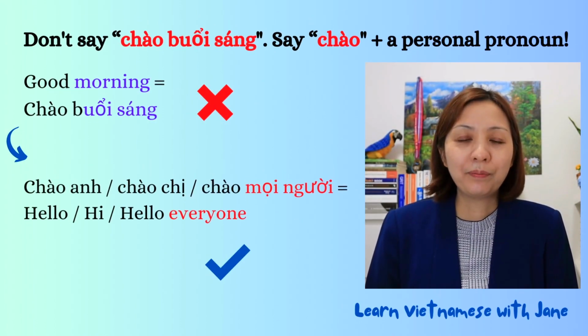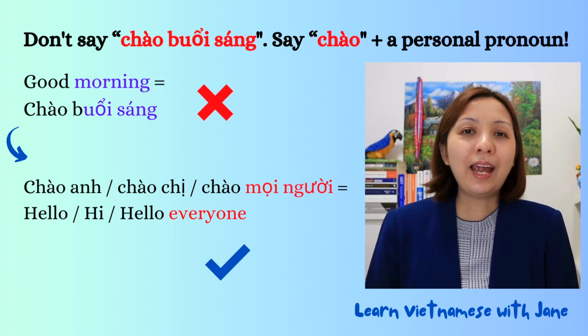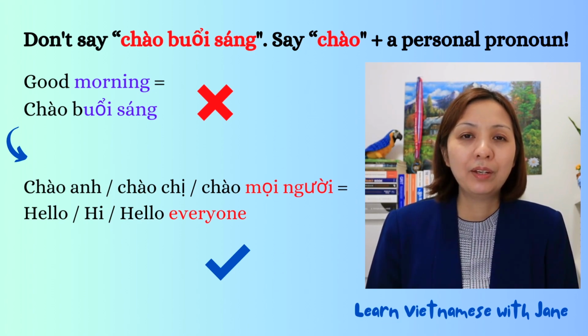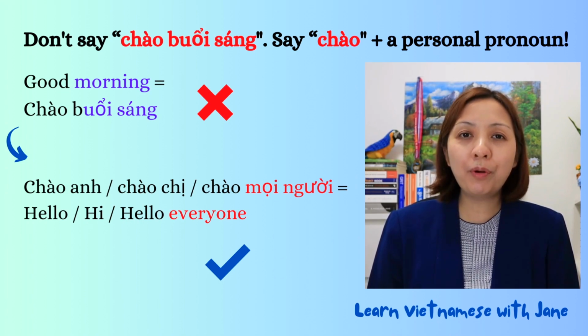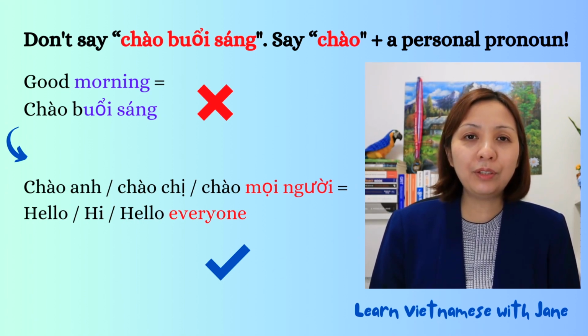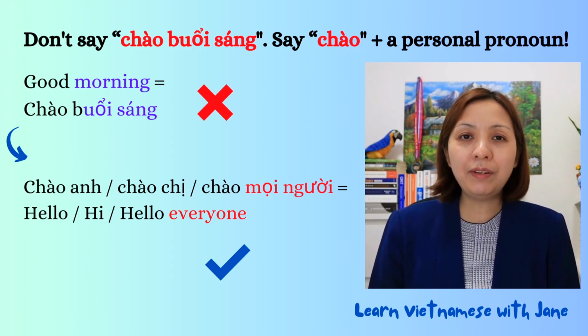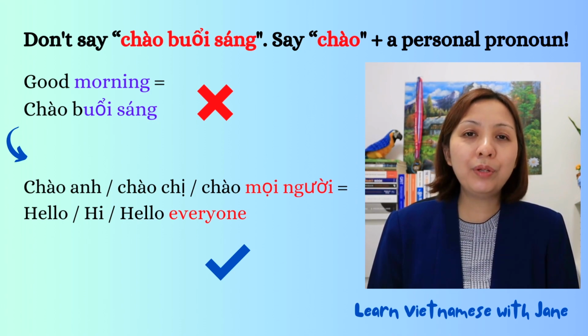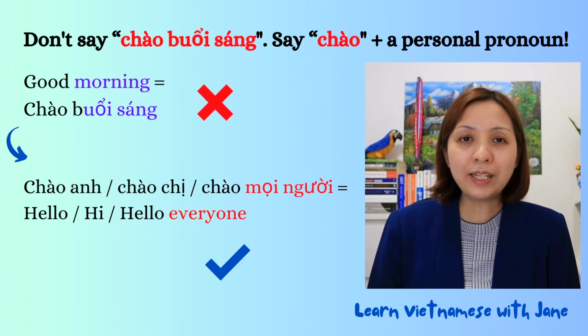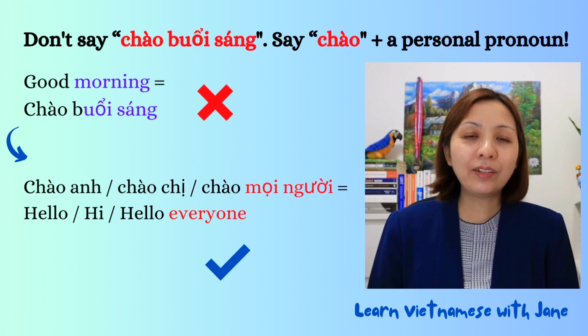Now the last one, how to say hello to people in Vietnam. So you know, in English, when you greet people in the morning, you say good morning. Or in the afternoon, you say good afternoon or good evening. So when it's translated to Vietnamese, people usually say chào buổi sáng. And this is a direct translation from English to Vietnamese.